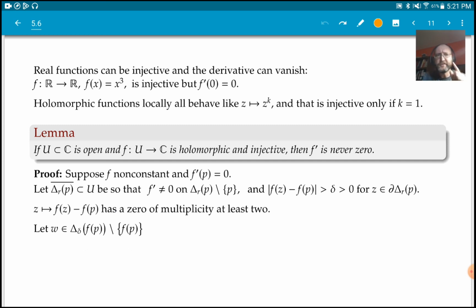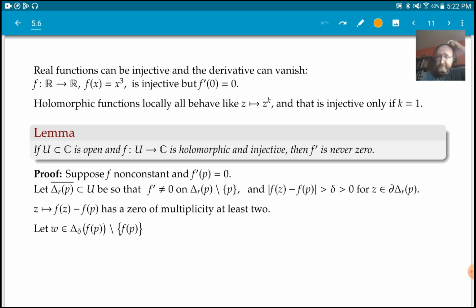Now, by the way, you're thinking, well, aren't we done? Are we then always getting two things going to the same thing? Well, we really have to prove that we have two distinct points going to the same one.